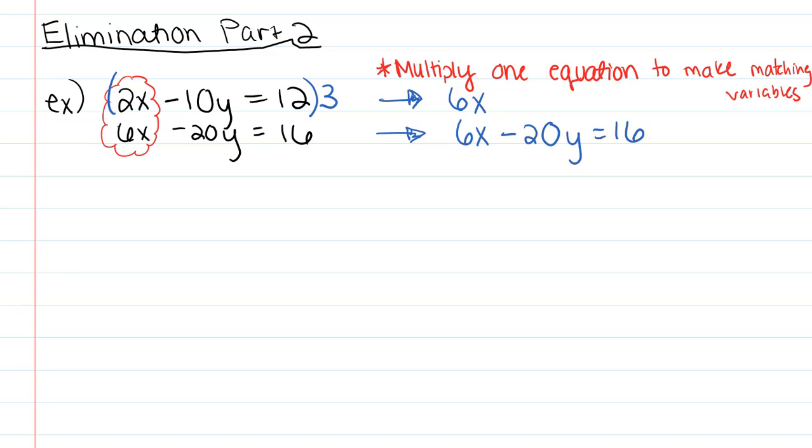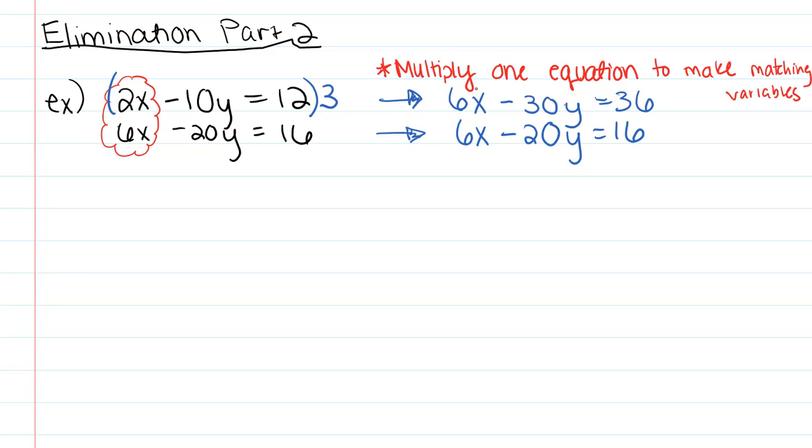The bottom equation I just copied straight over: 6x minus 20y equals 16. The top equation, I multiply everything by 3. So the next part is minus 30y, and 12 times 3 is 36. Now these are the 2 equations I'm going to use to solve with elimination.